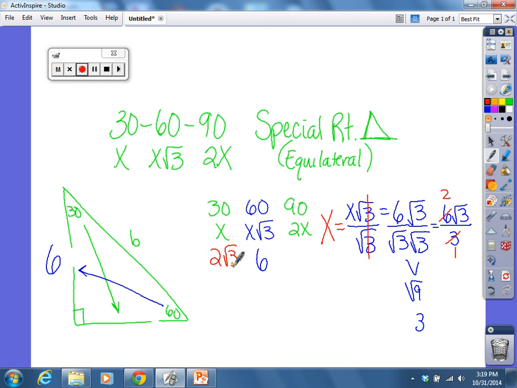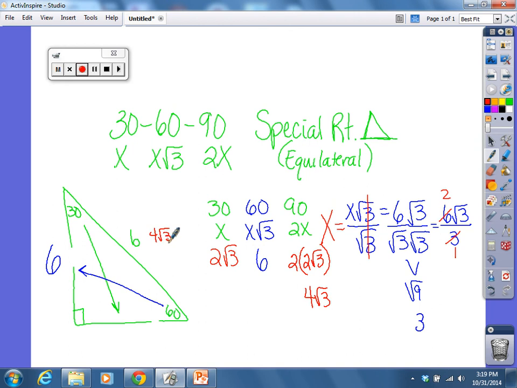So now I have my x, and I can figure out what my 90 degrees is by substituting in my x value. So I've got 2 times 2 is 4 square roots of 3. So across from my 90 degrees would be 4 square roots of 3.